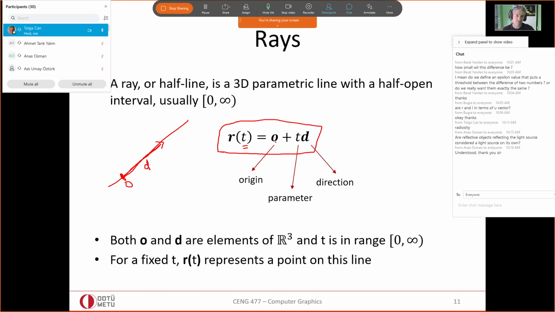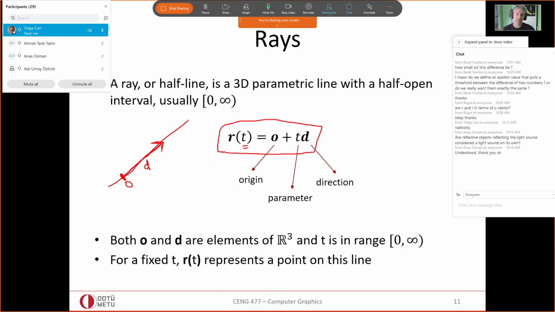O is a three-dimensional vector, but we use its semantics as the position to indicate a point in space. D here is also a three-dimensional vector with XYZ components. O has XYZ components as well, but we treat O as a position, and we treat D as a direction with a magnitude.